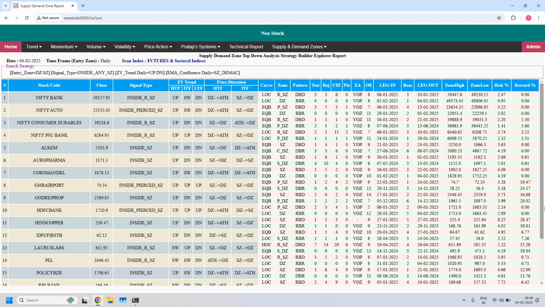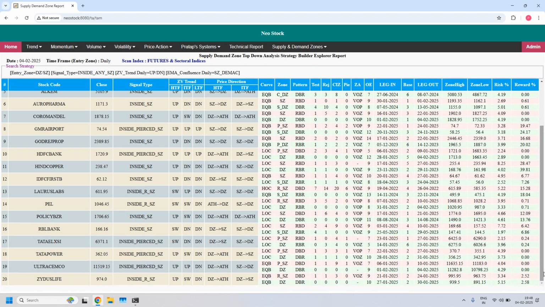We got 20 stocks filtered. First 15 stocks in the list. I am scrolling the list down. So total 20 stocks are filtered. So this is about daily time frame.